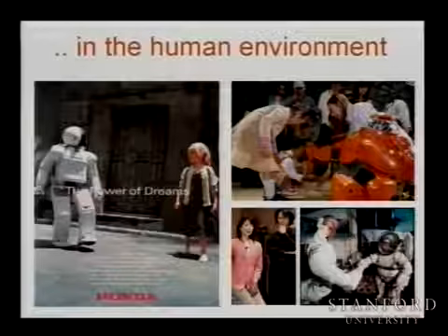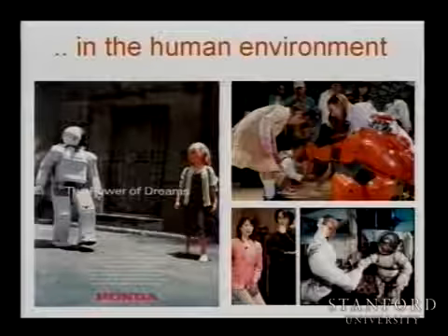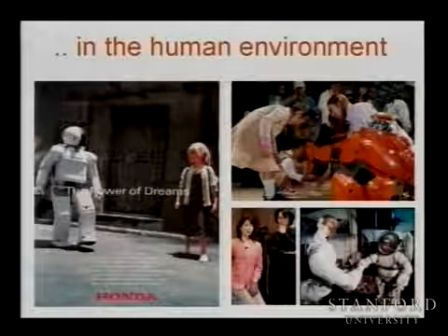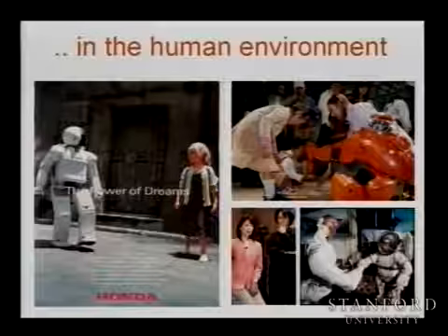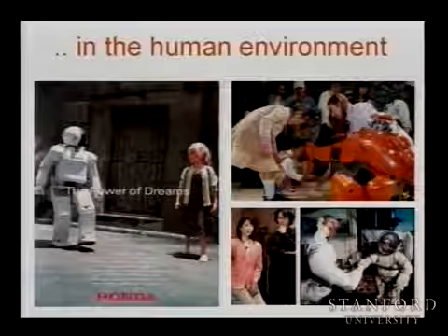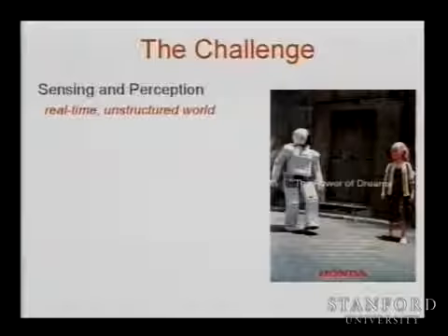Here the problem is we need much more intelligence in the robot to deal with many things that are not known in advance. You need to perceive the environment quickly, respond and react to everything that is happening, and you need to be also moving safely. So those challenges bring the perception and sensing issues that we need to deal with in an environment that is unstructured. And this is really a big challenge, and also a good thing for researchers.